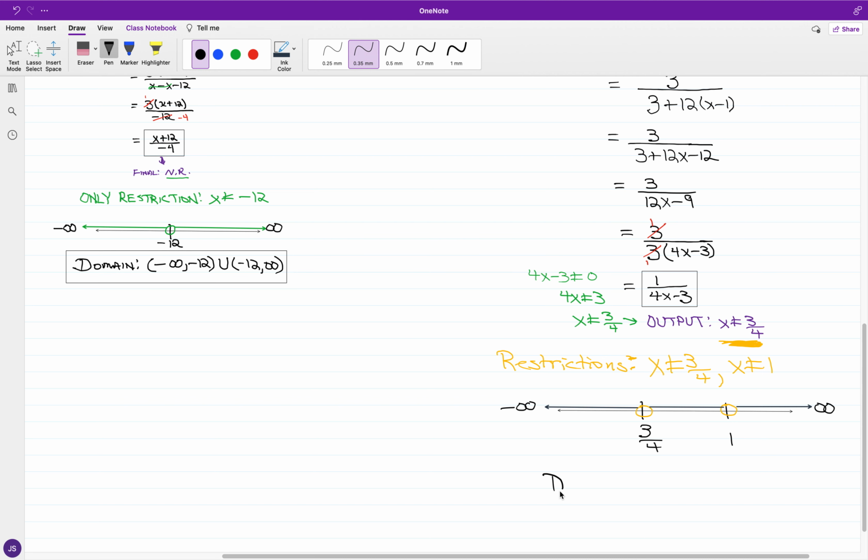And for what we have in the case of the domain of this composition, you have 2 exclusions, and so we have 3 separate sections. At the lower end, we have those values less than 3/4, and we have those values between and not including 3/4 and 1.